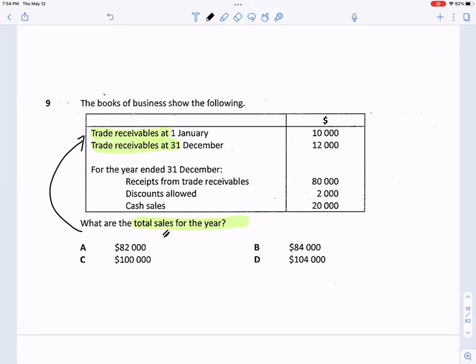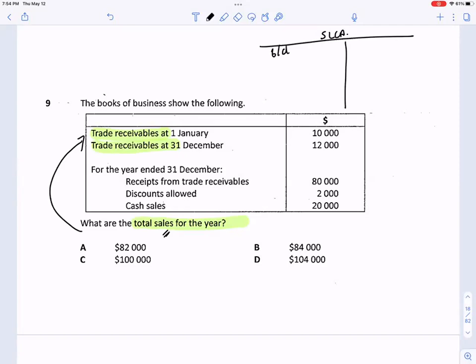The trade receivables account, which is the SLCA. Umed, do you know the format of a sales ledger control account? Yes.